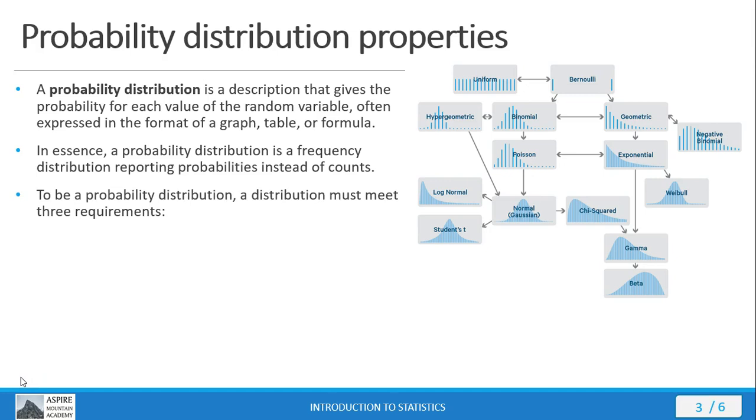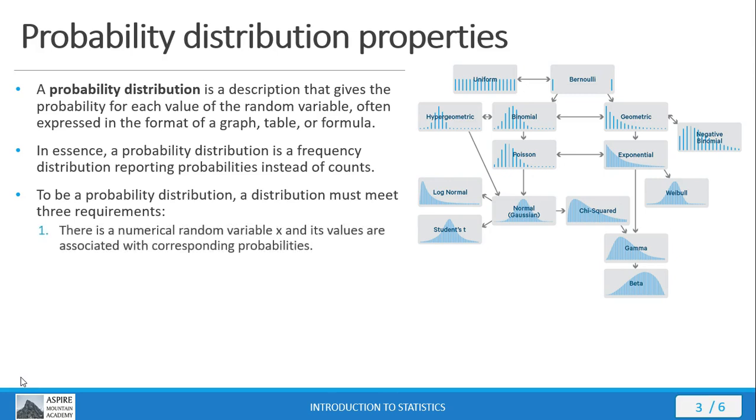Now, there are some requirements that need to be met in order for a distribution to be a true probability distribution. The first requirement is that there has to be a numerical random variable x, and the values for the random variable are each going to be associated with a corresponding probability. The next requirement is that the sum of all the probabilities must equal 1.